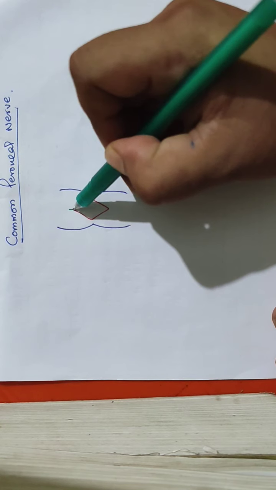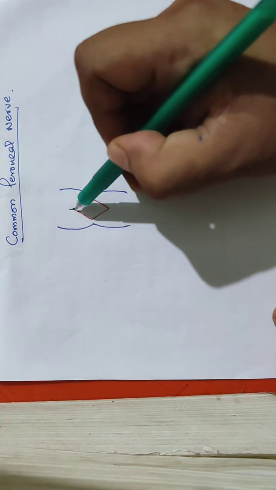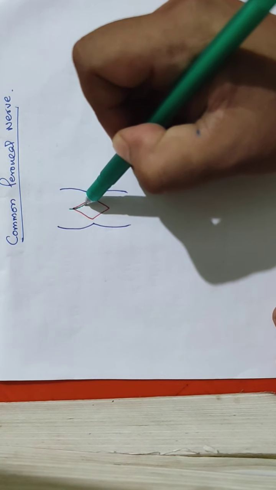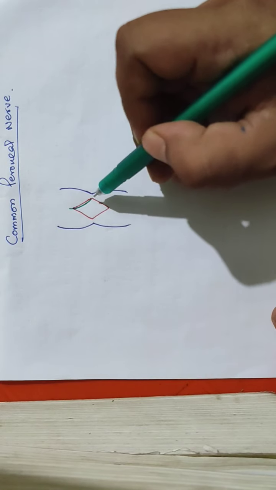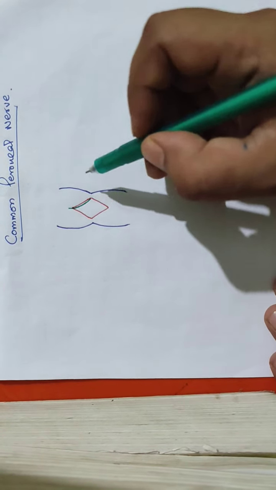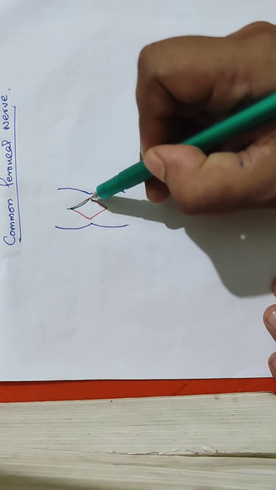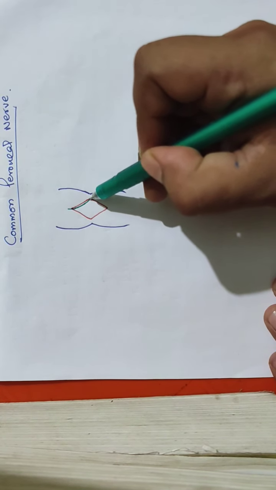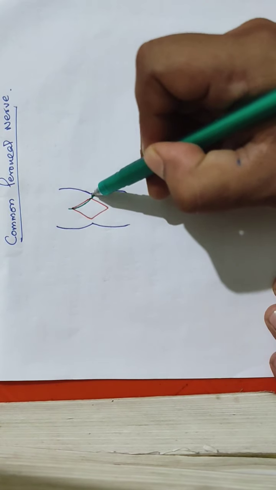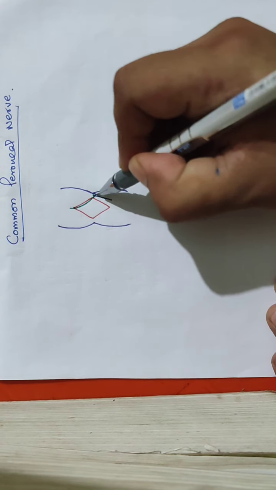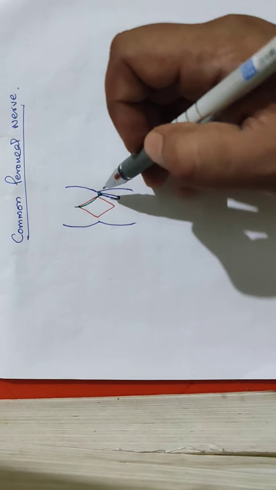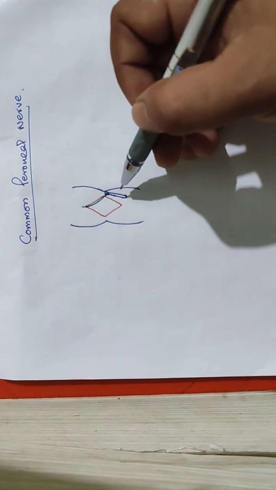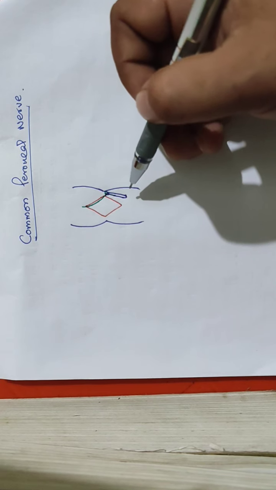From here the common peroneal nerve goes downwards to the lateral angle of the popliteal fossa, and reaches the posterolateral aspect of the neck of the fibula. This is the fibula bone. Here it reaches the posterolateral aspect of the neck of the fibula and divides into two parts. One is the deep peroneal, another is the superficial peroneal part.